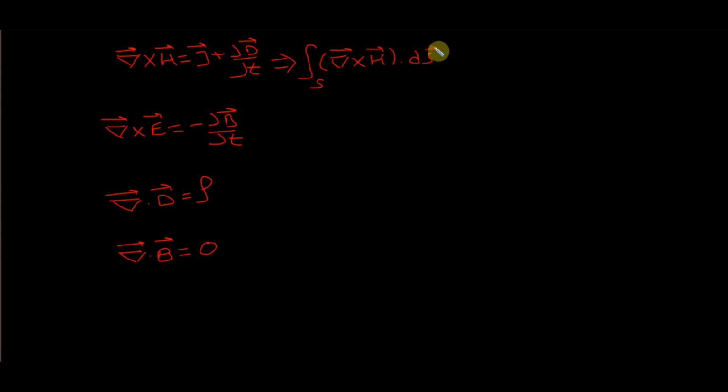Del cross H dot ds is equal to the surface integral of J dot ds, plus, take this curl by curl T out of the integration.